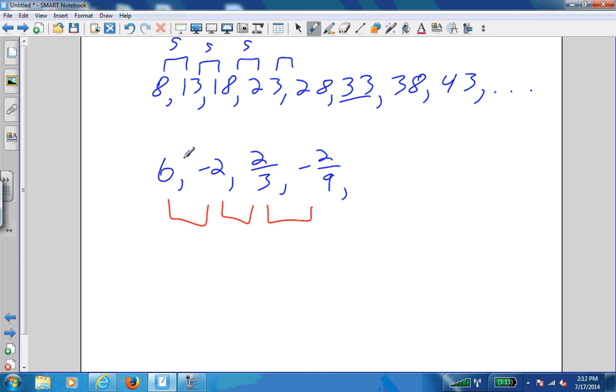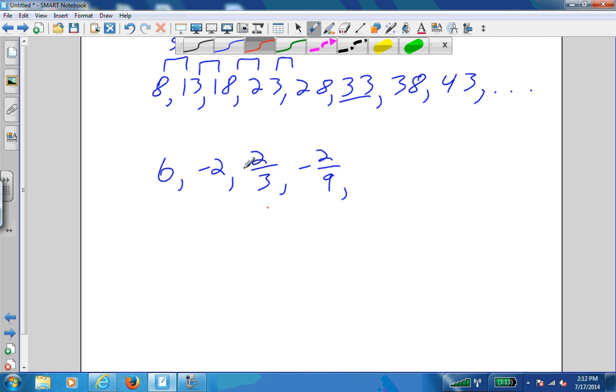So the way we get from one to the next is not by adding or subtracting a certain amount. Also, you'll notice our signs alternate. One thing that you may notice, especially on the last two, is our numerators staying the same, but our denominator is getting larger.